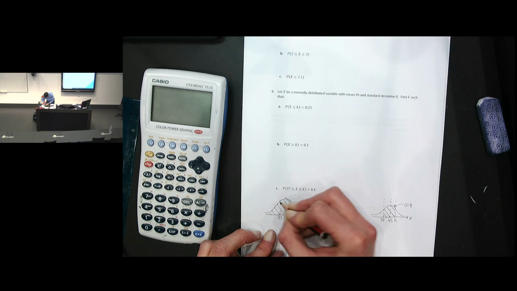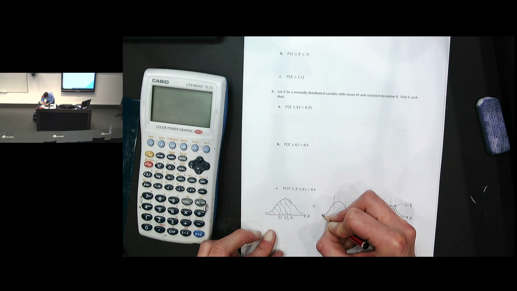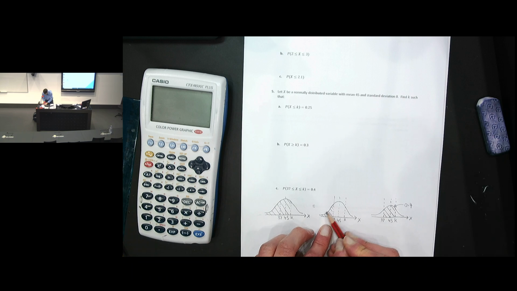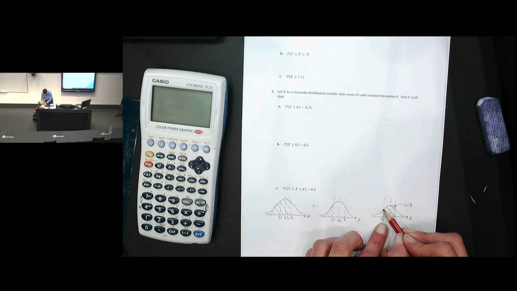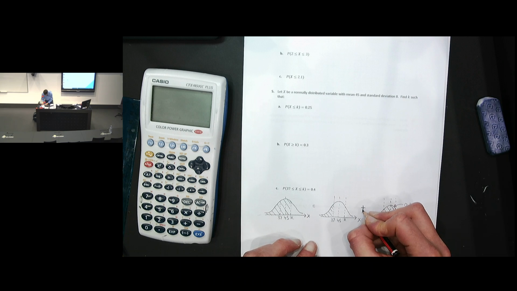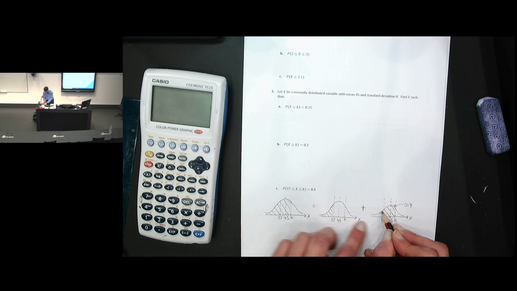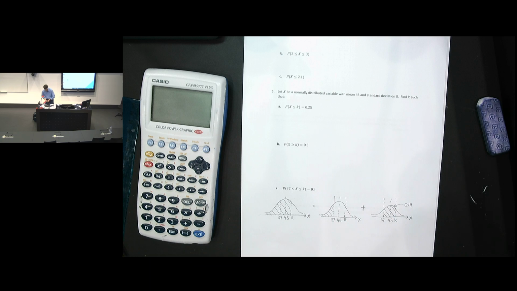This whole big area is equal to the area under the graph from minus infinity up to 37, so this area here, plus the area under the graph from 37 up to k. So this whole big area is just equal to this area here, plus that area there.